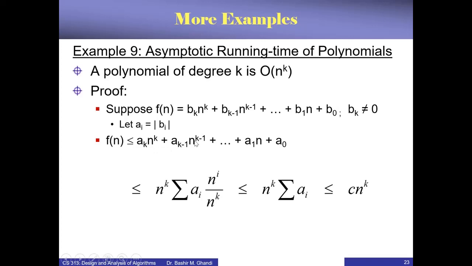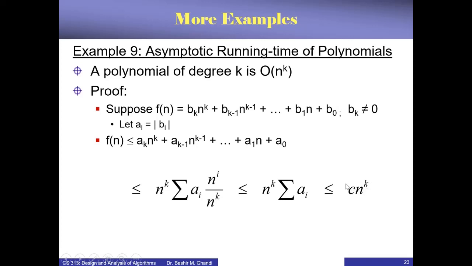We just upgrade each of those other terms to have the highest degree of n, so that we only need to add the coefficients. So our function will be less than n to power k times the summation of the coefficients. Well, the summation of constants is a constant, so we can call it c, and the result will be c times n to power k.